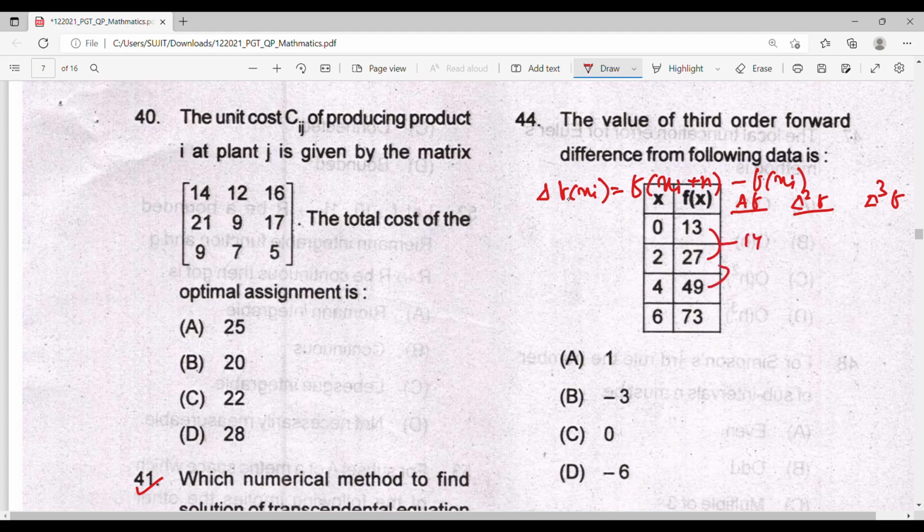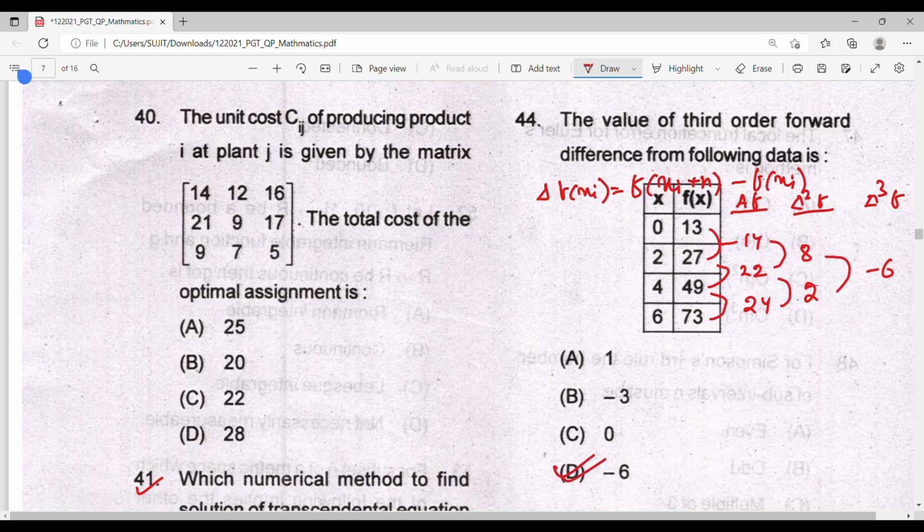Similarly, 49 minus 27 gives 22, and 73 minus 49 gives 24. Taking differences again, we get 8 and 2, and from these we get minus 6. So option D is correct.